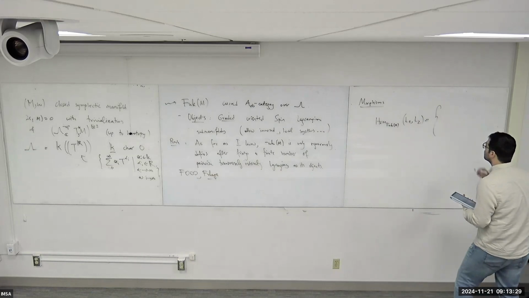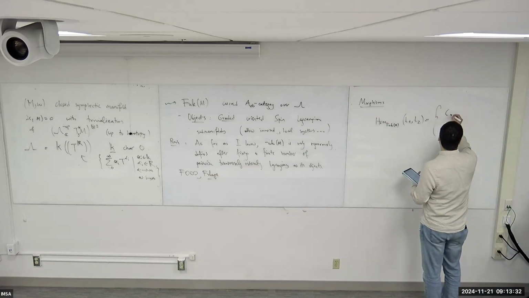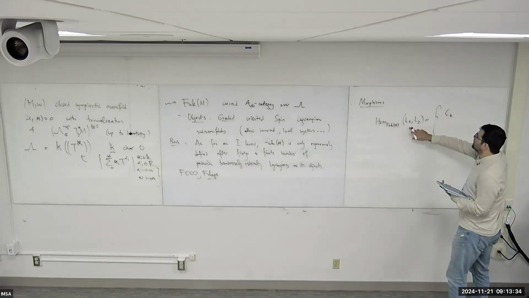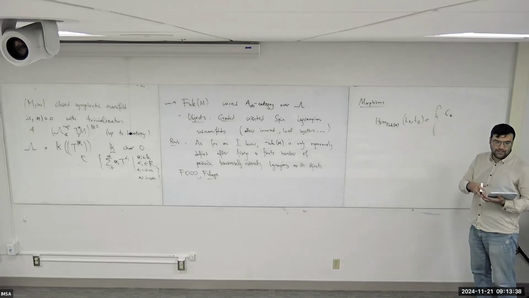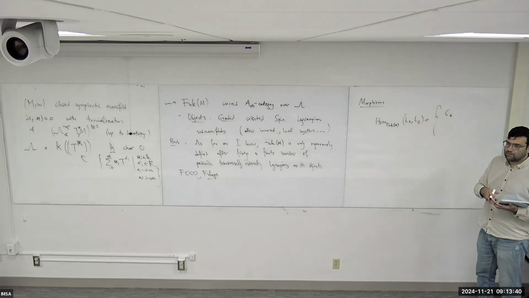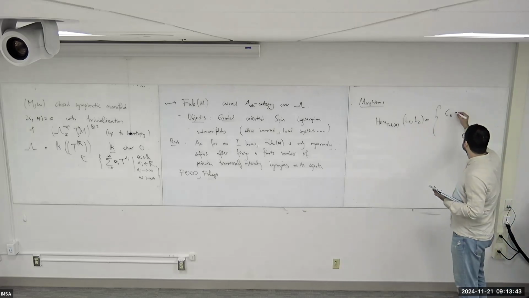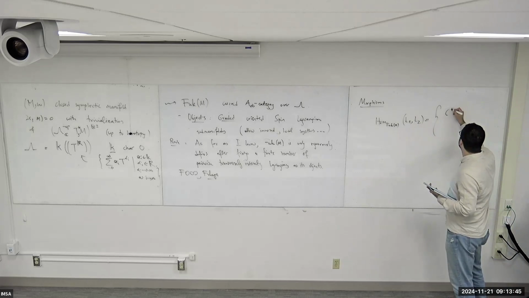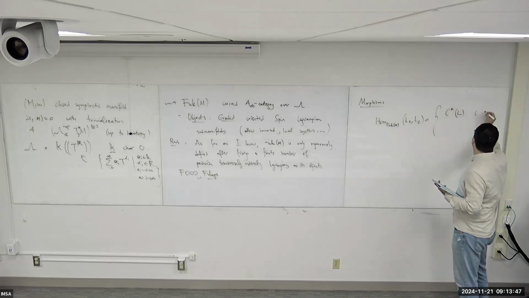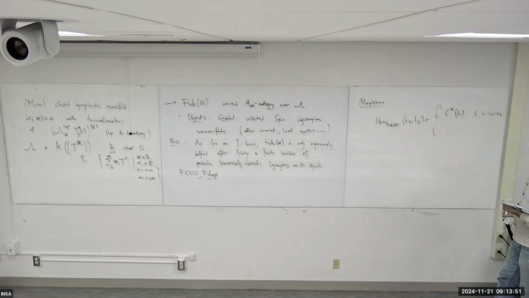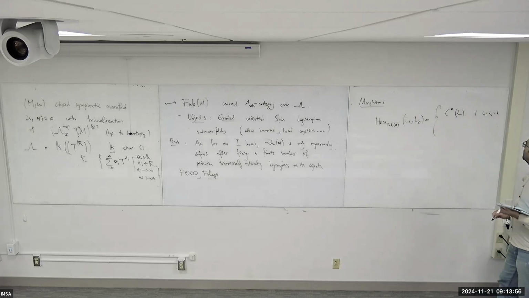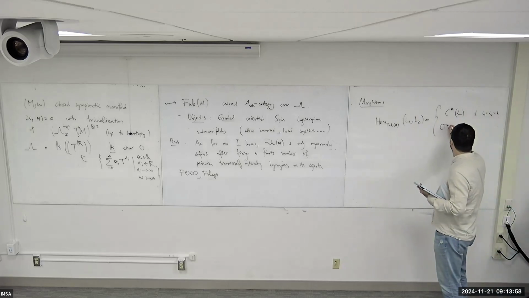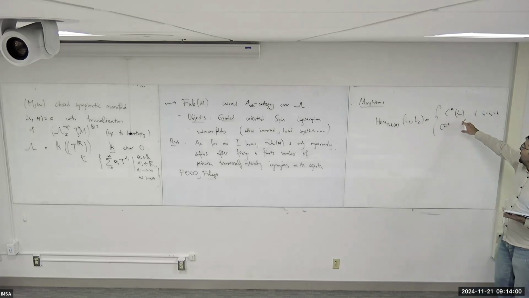It's good to split this into two parts. If the two Lagrangians are the same, then of course it's not really transverse, but it's a clean intersection. So we can deal with this. If L equals L1 equals L2, it's just a homology.